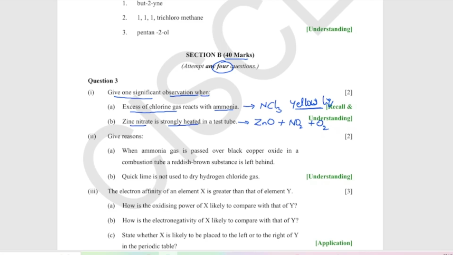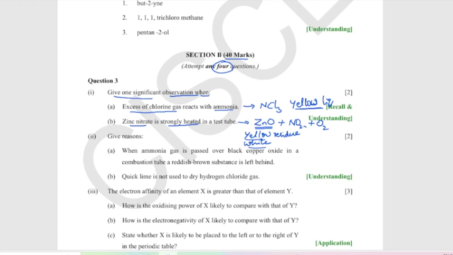One, this zinc oxide will be yellow in color. That means you get a yellow residue, but it turns white on cooling. As long as it is hot, it will be yellow, but it turns white on cooling.